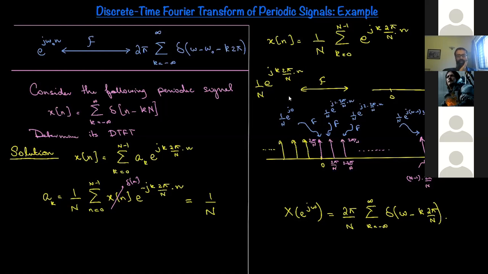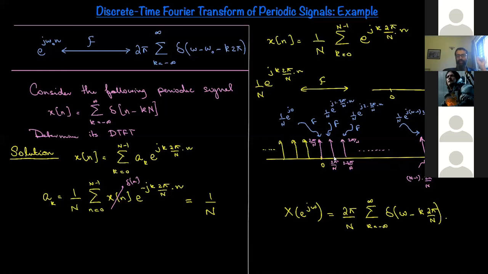Now, what is the Fourier transform for this? This is something we've done just now. Between 0 and 2 pi, each term is going to be an impulse, because 2 pi by N is smaller than 2 pi. So for k equals 0, this is an impulse that you're going to get. This is the Fourier transform within 0 and 2 pi of 1 upon N e raised to j0.